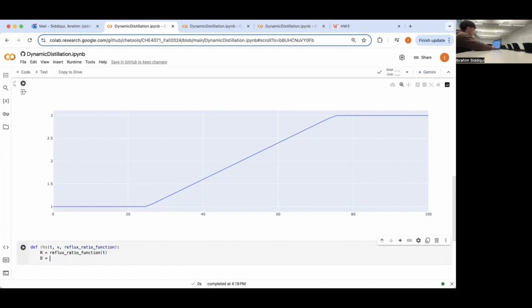So D is going to be equal to our ramp, and this ramp is going to be from t, 50 to 100. And then this will be multiplied by our feed divided by 2, divided by z. Sorry, might have.